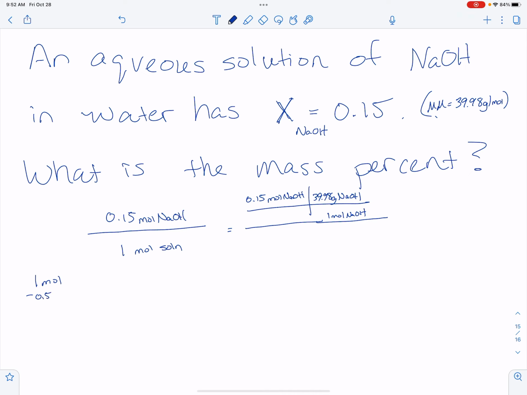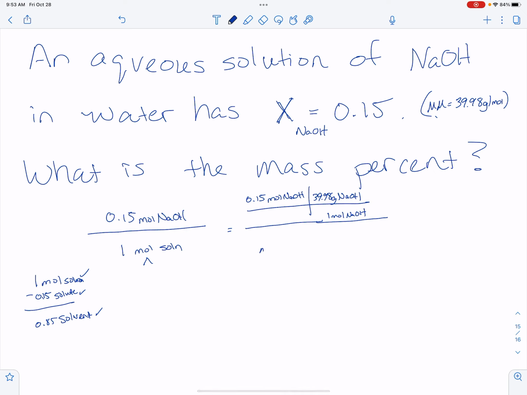that means we have the difference between the solution and the solvent. The difference between the solution and the solute is the amount of solvent, 0.85. So I need to, again, rewrite this as its 2 parts.